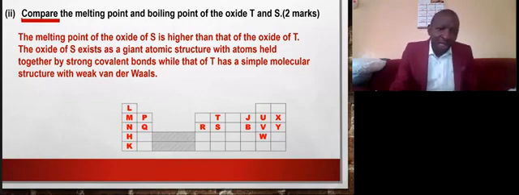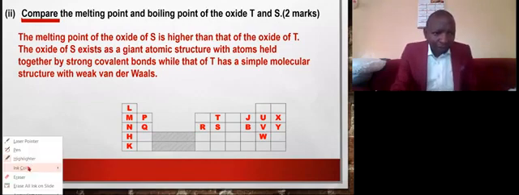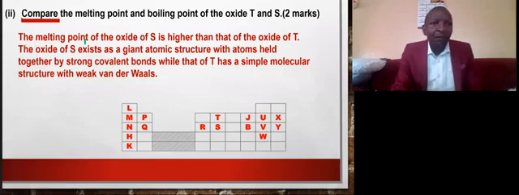So are you getting what I'm saying? Today, for you to score the marks, first of all you have to give us the statement of comparison that this one is higher than the oxide of T. Reason: because the oxide of S has a giant covalent structure with a strong covalent bond.